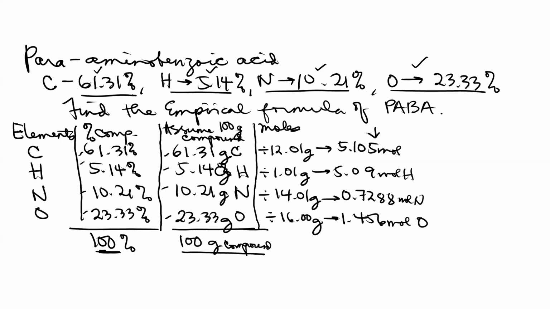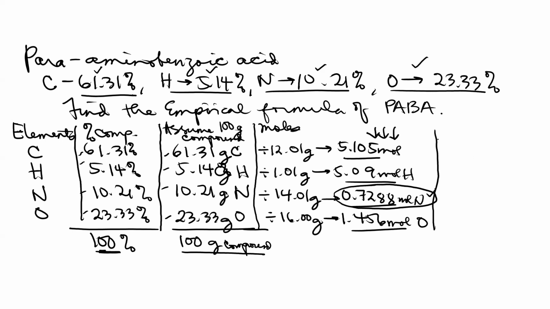So now we already have the mole values of each of these elements. Then, like in the previous example, we look for the lowest mole value among all of the mole values that we have, and that happens to be 0.7288 moles, which is the mole value of nitrogen.